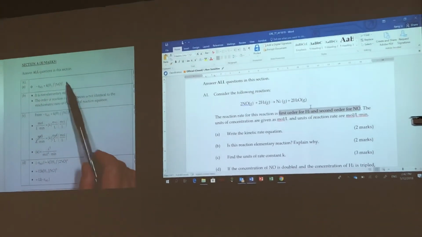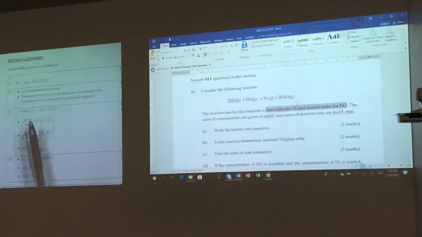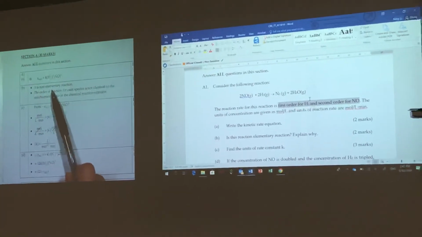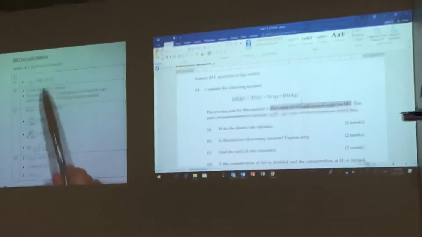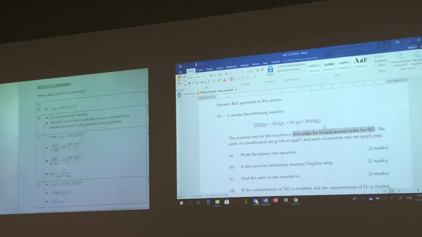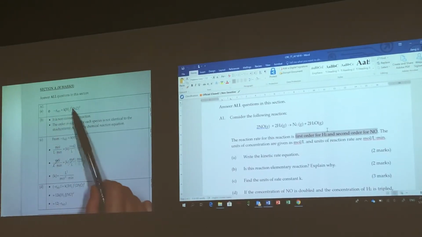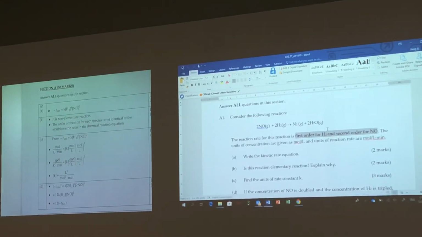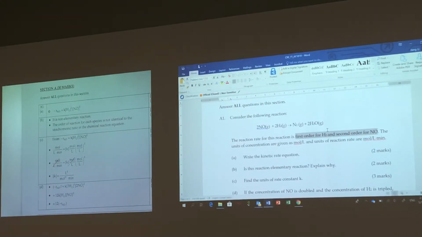So you can tell this is non-elementary. Why non-elementary? Because for hydrogen there is a 2, right? But the given order is 1. Clear? So this is point 1.